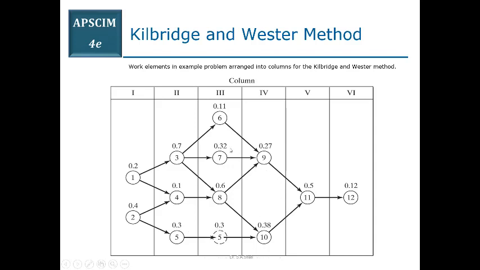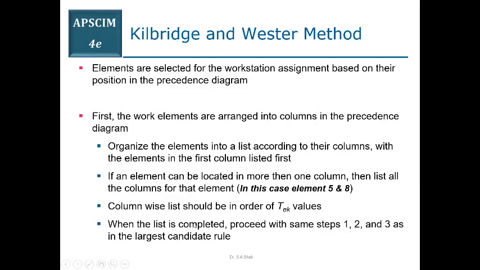So this was the only difference between the two methods, that you will have to rearrange the element tables according to the column-wise distribution of the work elements. And then the rest of the methodology remains the same as what we discussed in the previous method, that is the largest candidate rule.